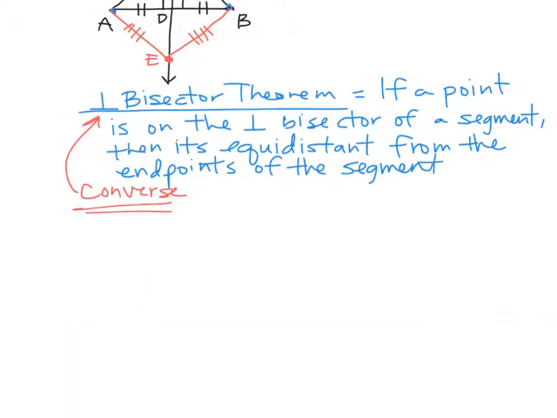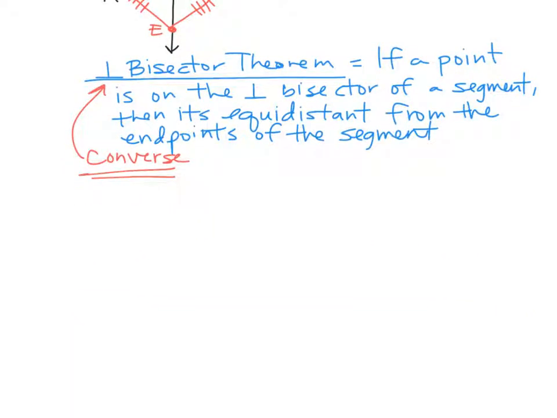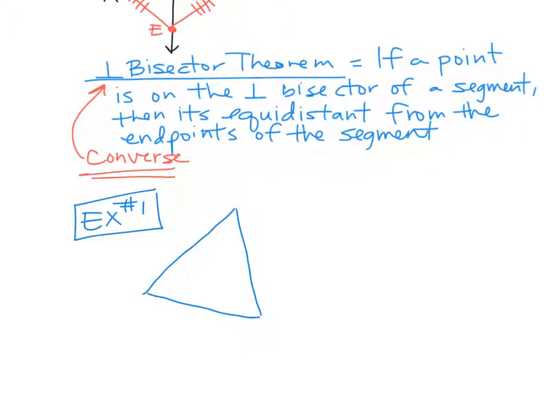Okay, so if that's our theorem, then here's a problem to illustrate it. Let's say we have triangle MNP, and this is point O, and it's marked perpendicular and those parts congruent.